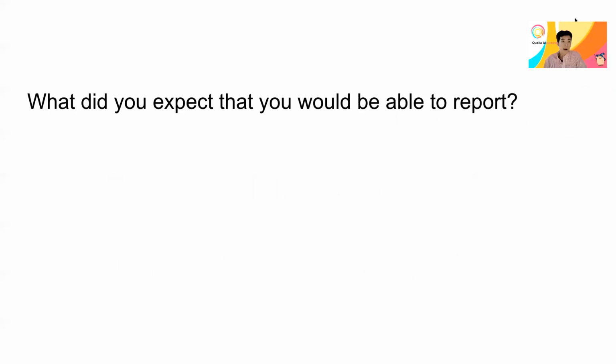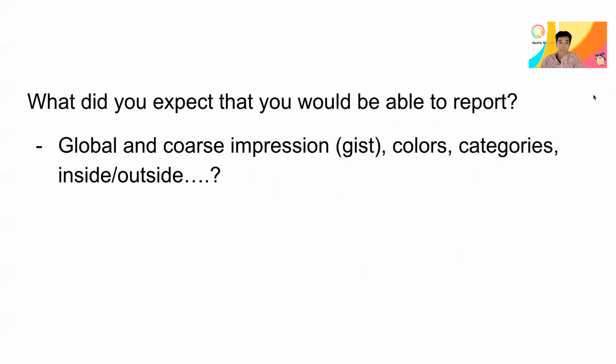I also want you to reflect on what you expected you would be able to report before seeing this. If you're a psychologist, or if you've never thought about anything like this before, you might have thought that if it's really brief, then only global and coarse impressions, which is called gist, or maybe just vague impressions of colors, or categories of objects like vehicle or outside or inside, are possible to say.